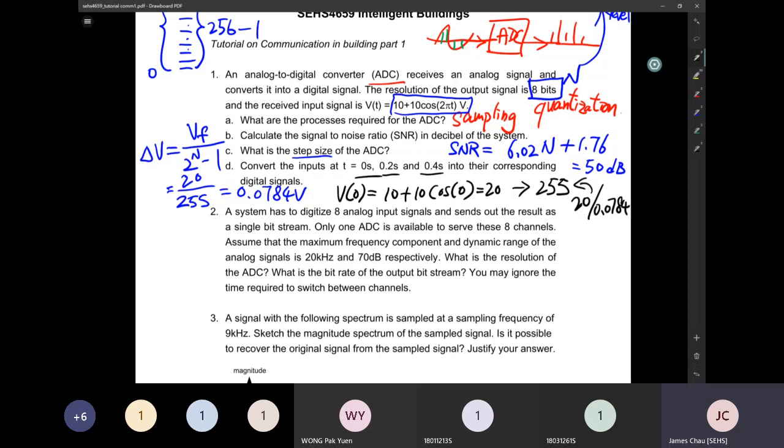Okay. Now the other calculations, that means t equal to 0.2 seconds and t equal to 0.4 seconds, I left you to be as your exercise, and you can try to calculate the answer for the corresponding digital signals. Okay.